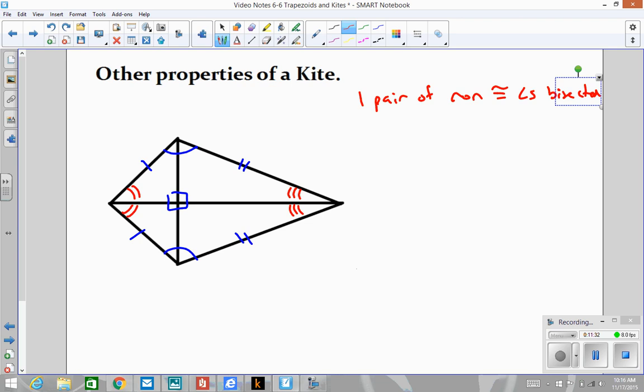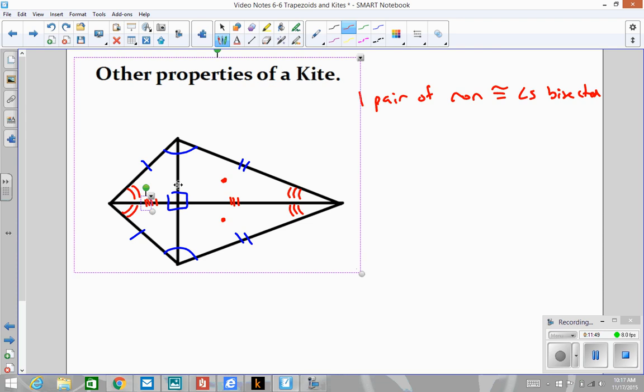All right. Another thing is that if we look here, okay, and I look specifically at this triangle here and this triangle here, we got angle, angle, side going on. And so that means this is congruent to itself, this is congruent to itself, and that one is congruent to that one.